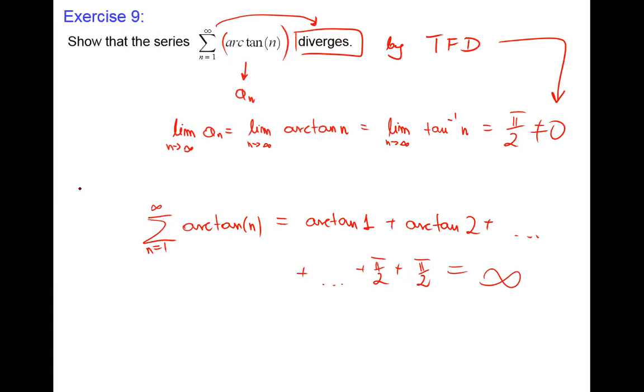That means I will always create a huge value. That is kind of the proof. One more time, the sequence a sub n converges. But this means that I will take that finite number and keep adding it. The infinite series is divergent by the test for divergence.